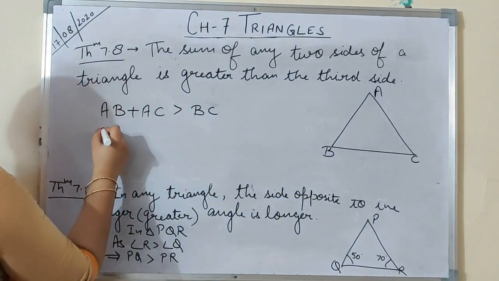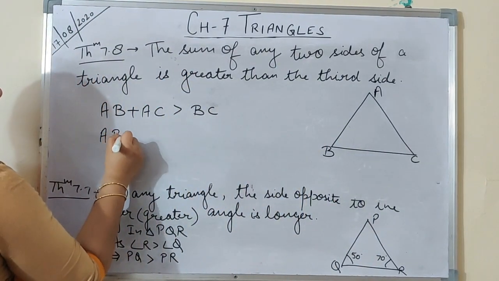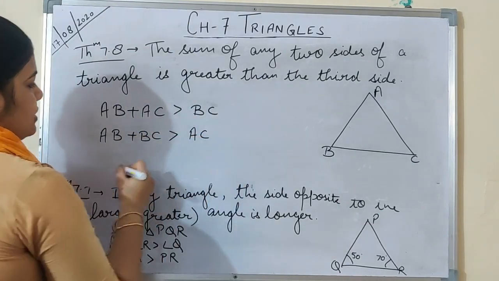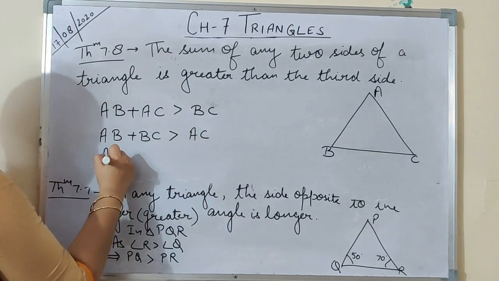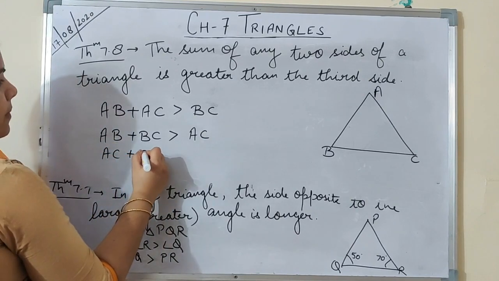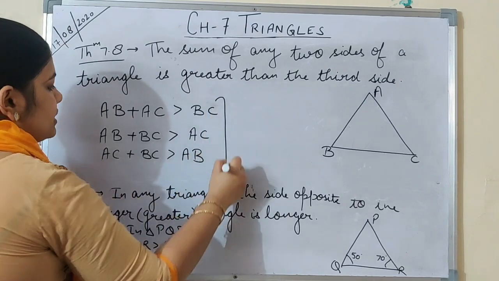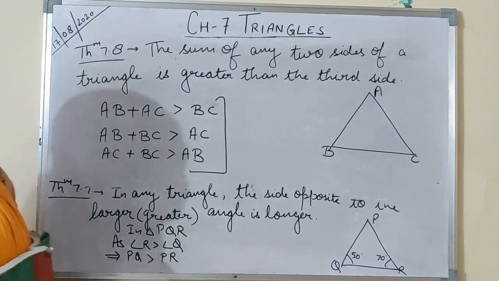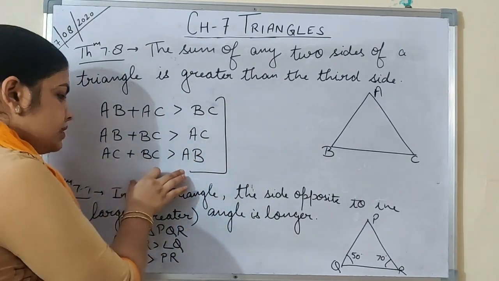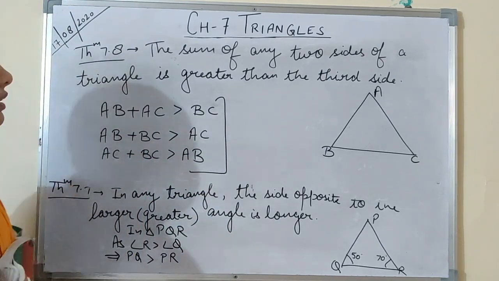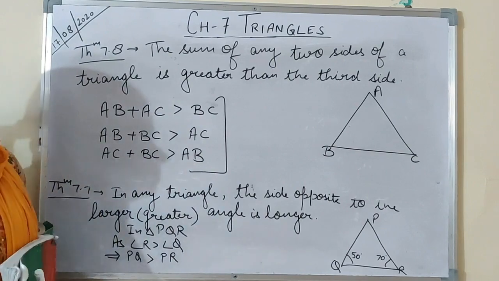That means AB plus BC must be greater than AC. Then the third thing is AC plus BC must be greater than AB. These three conditions must be there for a triangle to be drawn. So this is what this theorem says.